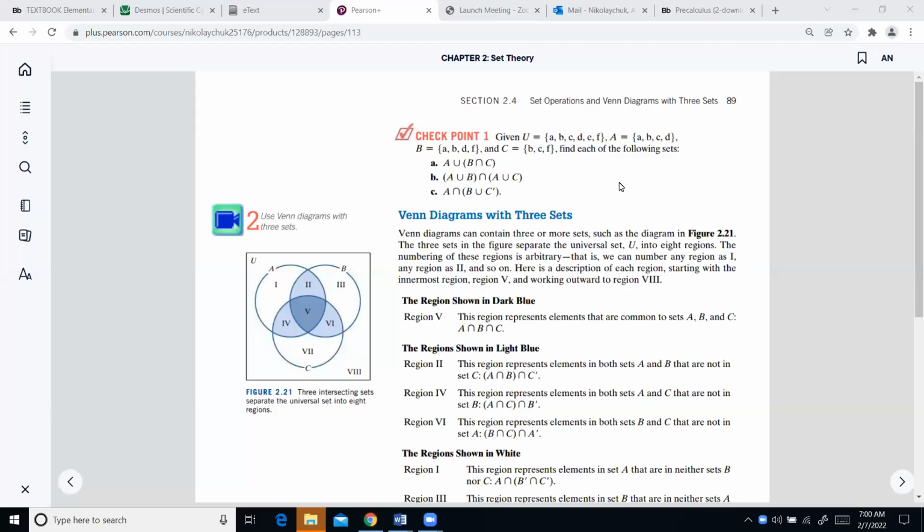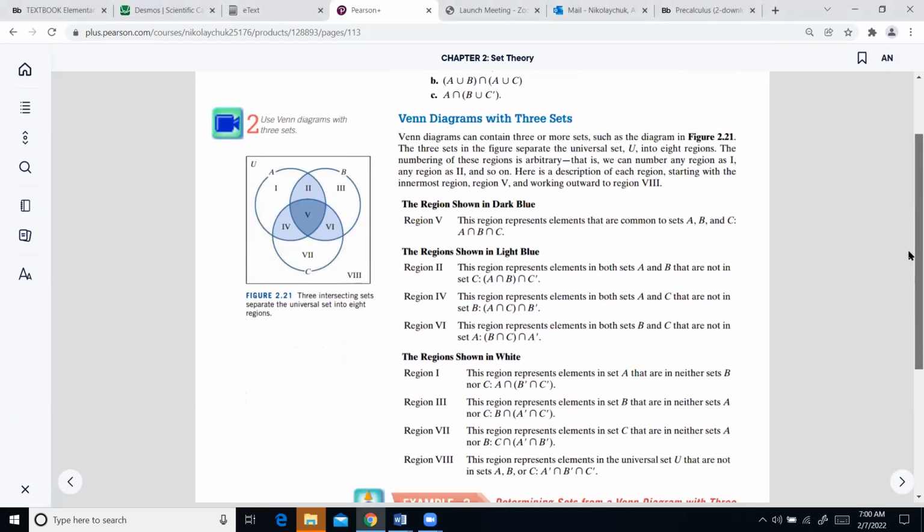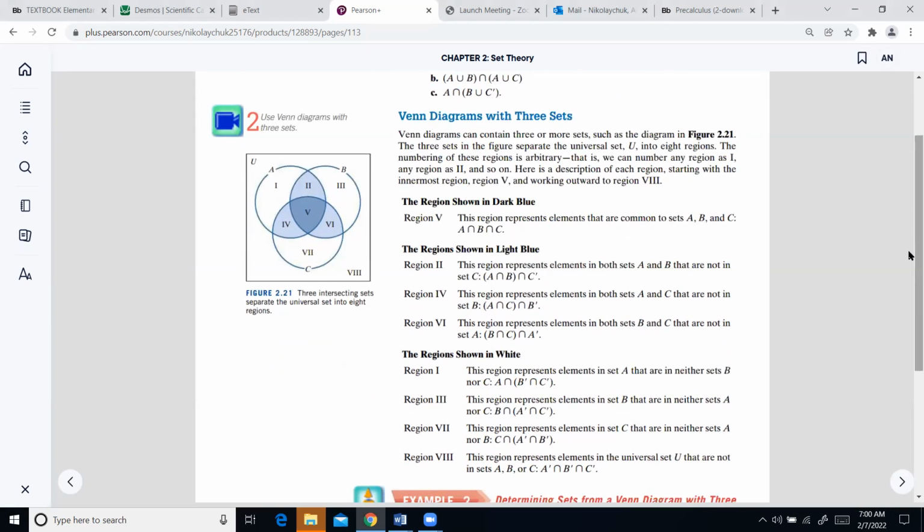So we saw that in the case of 3 sets, it gets a little bit more involved with pictures, as we have not just intersections of 2 sets, but of 3 sets at the same time, and then just 2 sets, but not the third.